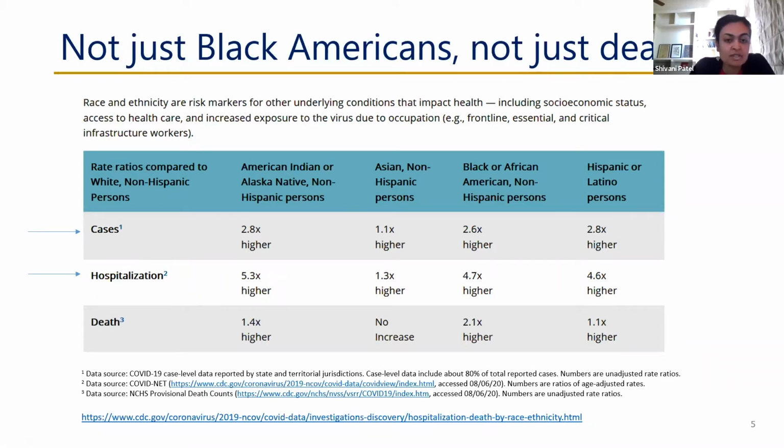The big exception is that Asian non-Hispanic persons don't have an increased risk of death compared to their white non-Hispanic peers. And they also, of all the groups, have lower excess risk of becoming a case or becoming hospitalized. But you can see from this figure in particular, and some of the patterns don't necessarily hold across the board, that the risk of hospitalization, which is a measure of severe outcomes, is especially higher in all of these racial and ethnic minority groups, and the risk of death is also higher.